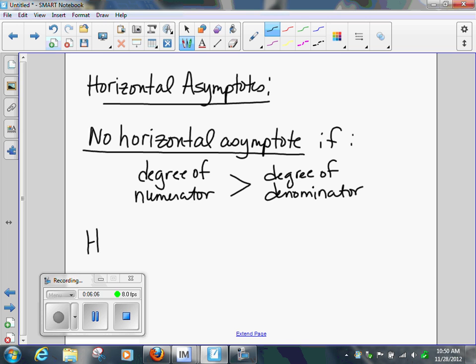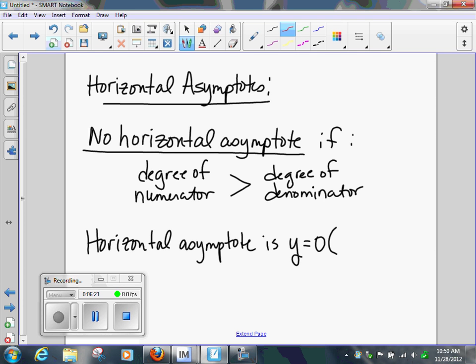The horizontal asymptote is y equals 0. What is y equals 0? What is that? Think about what that is. That's the x-axis. Very good.